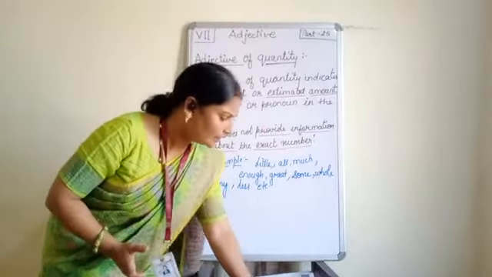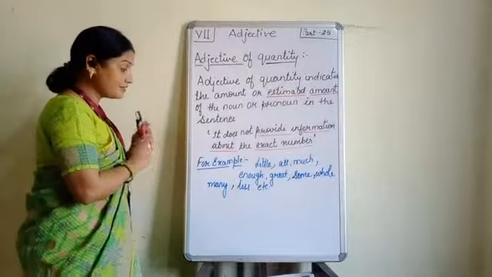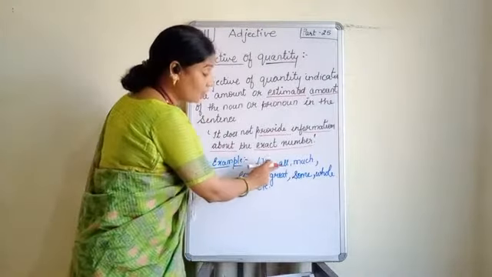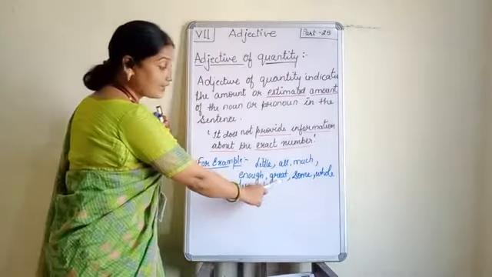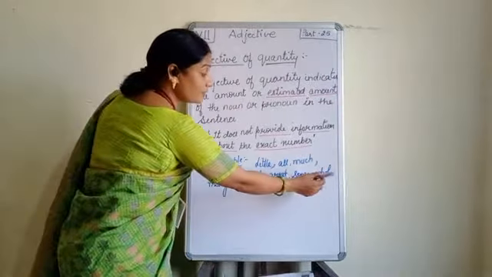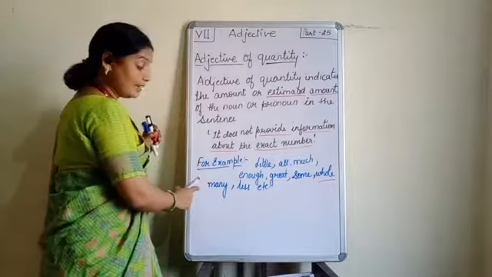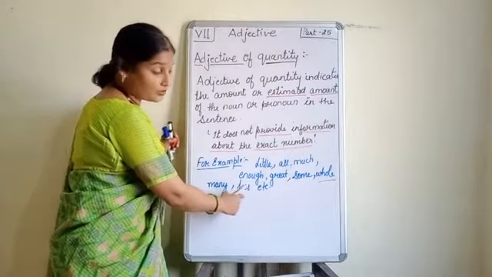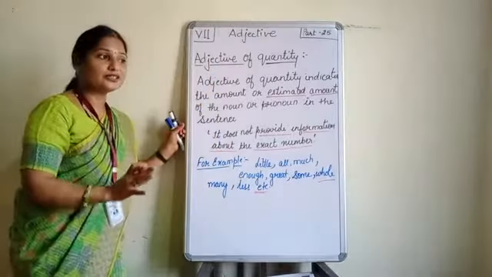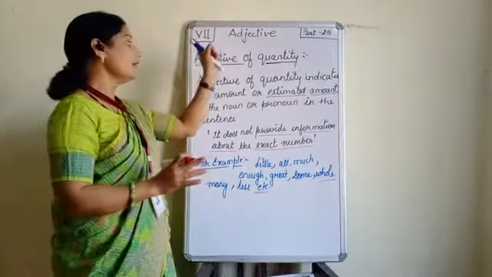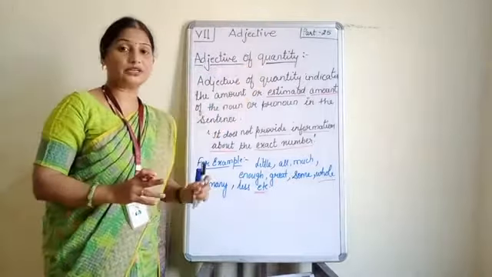Now see the examples. I have written little, all, much, enough, great, some, whole, many, less, etc. All these are the words that come under adjective of quantity.